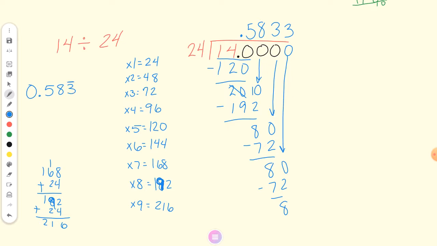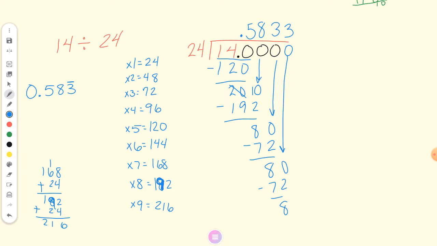0.583 repeating is actually the exact answer. Remember, what does that little line mean? Yeah, that's the exact answer because it says my answer is 0.5833333333333333 forever.